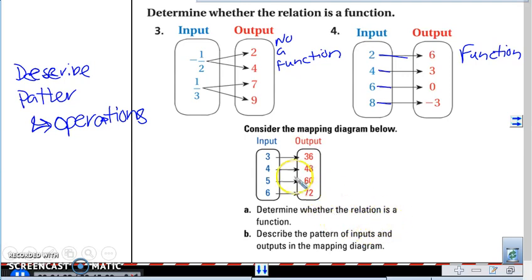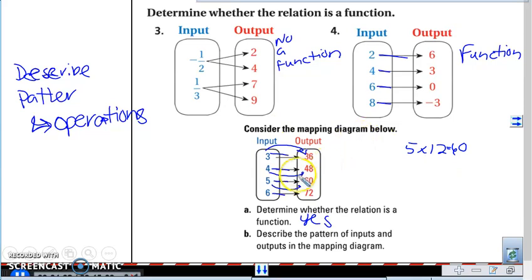Okay, so determine whether the relation is a function. The answer is yes, because 3 only goes to one thing, 4 only goes to one thing, 5 only goes to one thing, and 6 only goes to one thing. Now, we went from 3 to 36, 4 to 48, 5 to 60. I'm going to start with that 5 to 60. I know for sure 5 times 12 is 60. I'm just guessing right now until I figure out what it is.